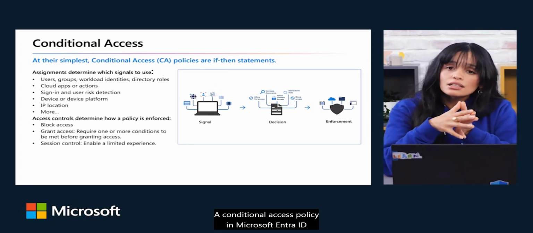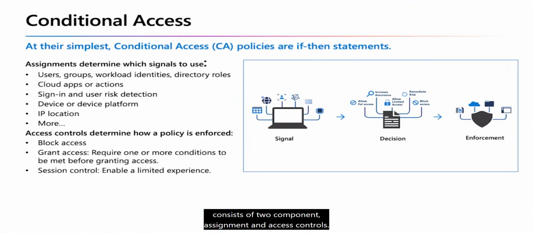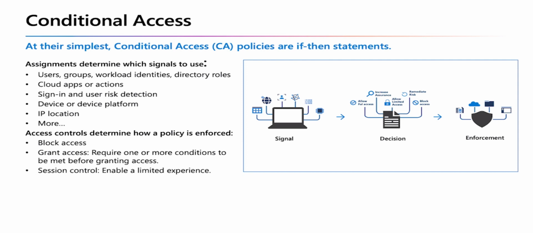A conditional access policy in Microsoft Entra ID consists of two components, assignments and access controls. With the assignment, admins can determine which signals to use. The assignment portion of the policy controls the who, what, where, and when the conditional access policy is applied.